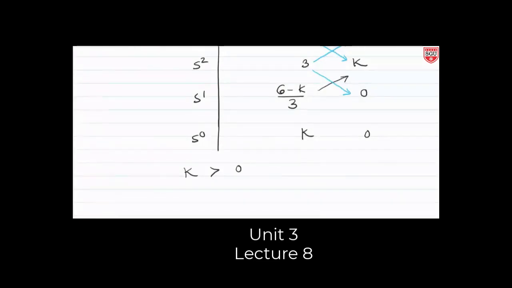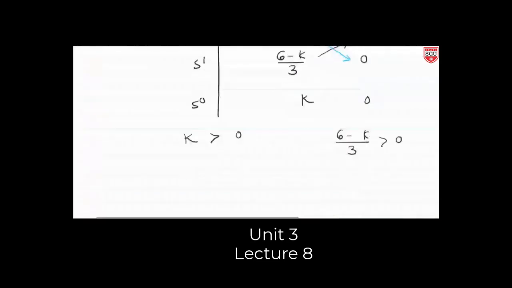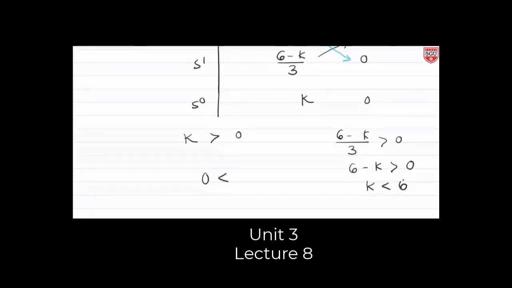And 6 minus k upon 3 should be greater than 0. Means k should be less than, sorry, 6 minus k should be greater than 0. So k should be less than 6. So the limit will be 0 less than k less than 6.